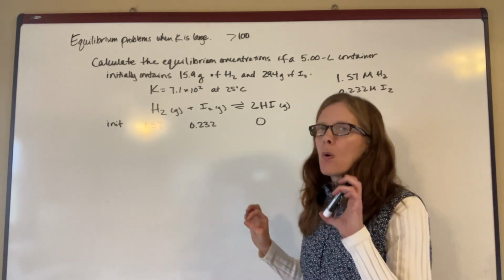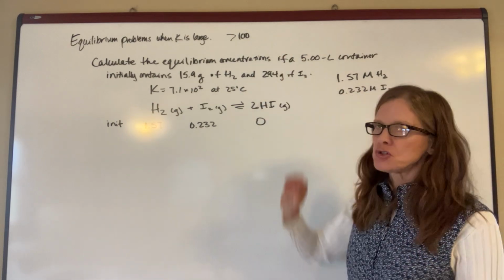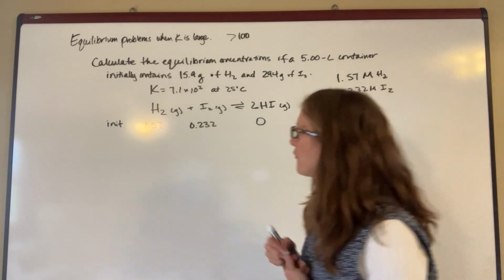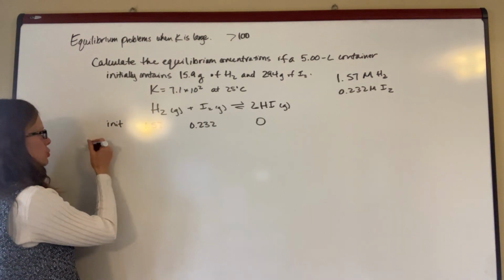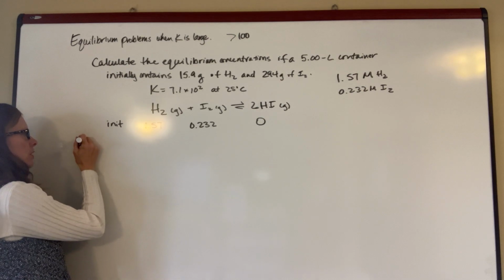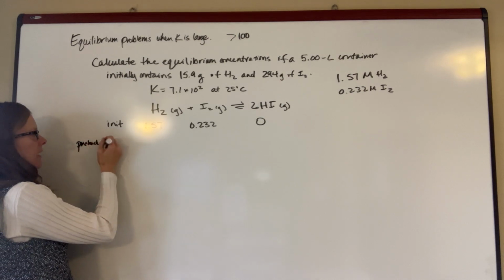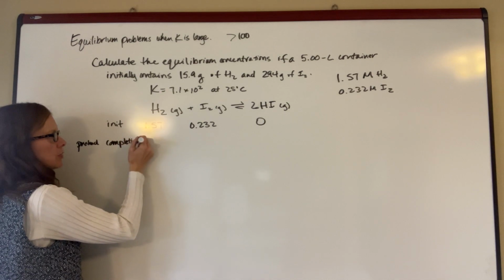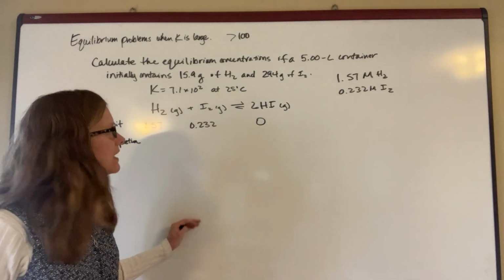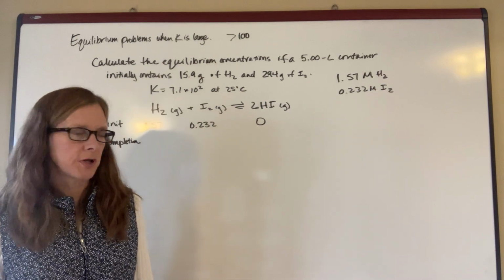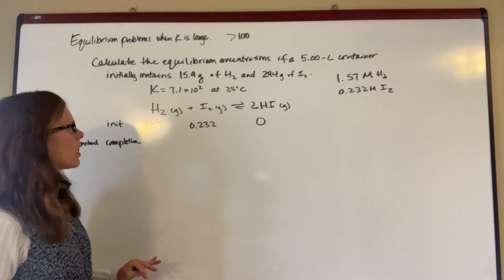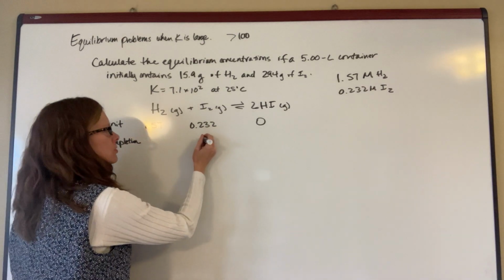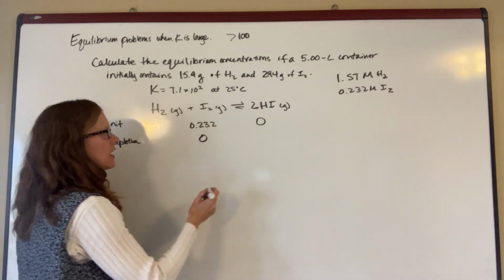So when you have a large equilibrium constant, we apply a little trick, and that's this. First of all, I am going to pretend that I'm going to take this reaction all the way to completion, because in reality, it is going to go almost all the way to completion. So if I go almost all the way to completion, my limiting reactant is the iodine. So there's not going to be any of this left.